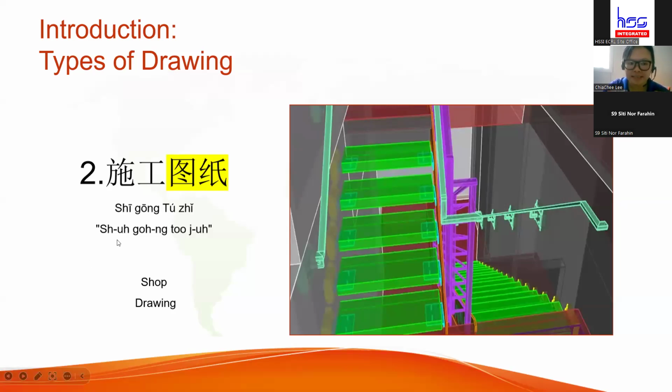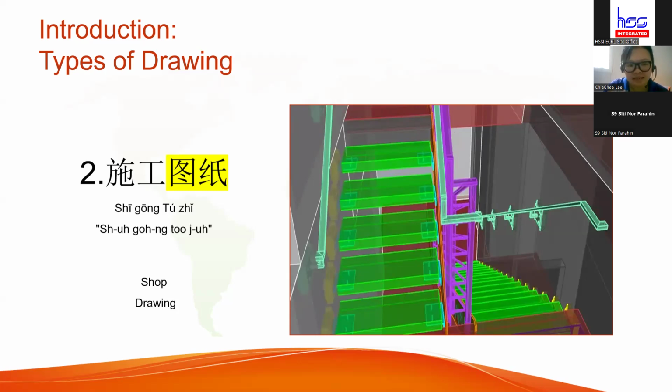Okay. 施 again is 施, and then gong would be like gong bada, or you can break it into smaller parts and pronounce it. 施工, both words are in first tone. 施工图纸 is shop drawing. Shop drawing is by contractors.